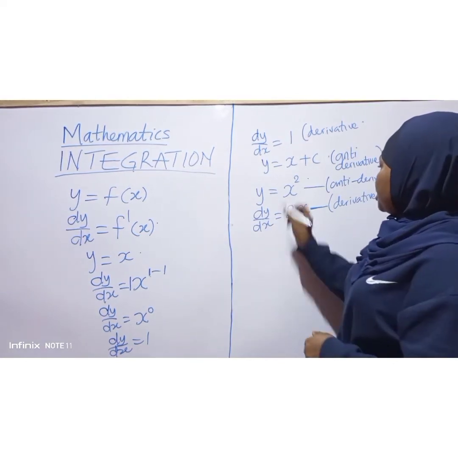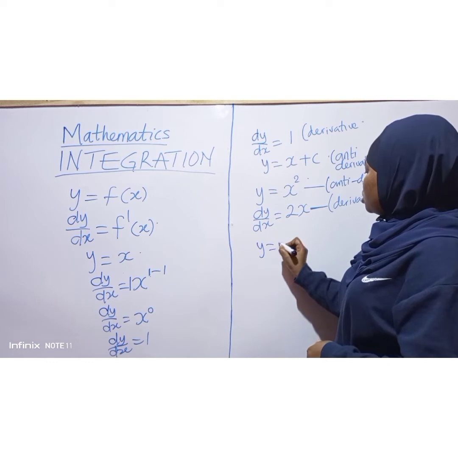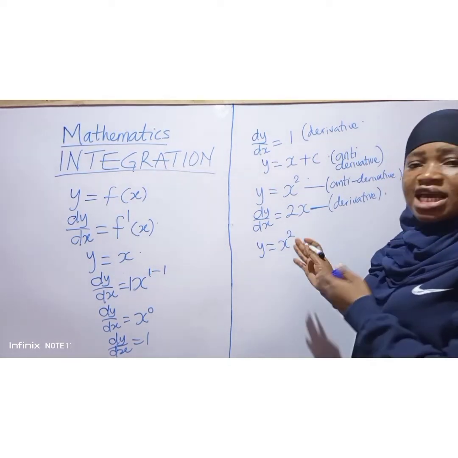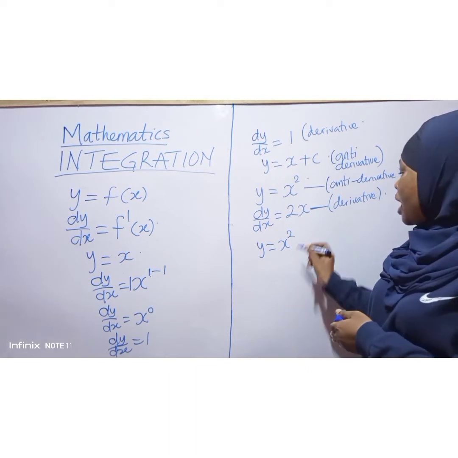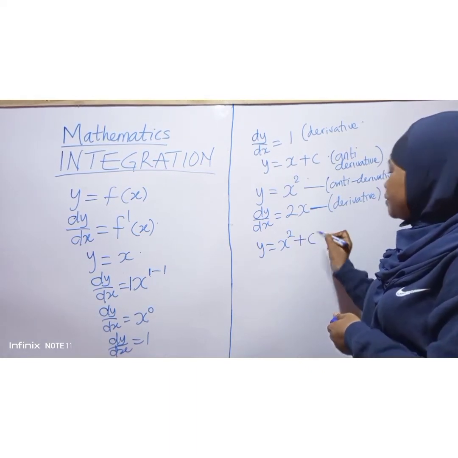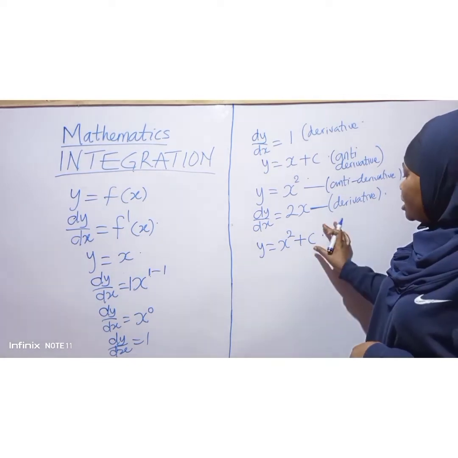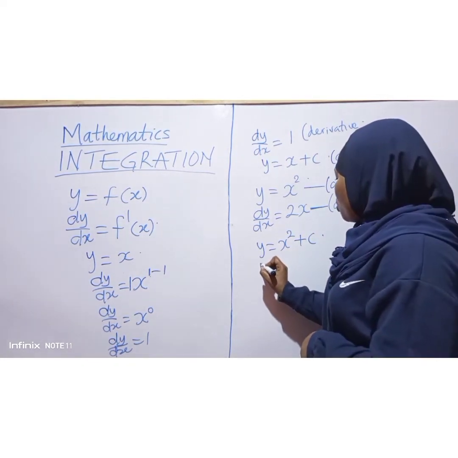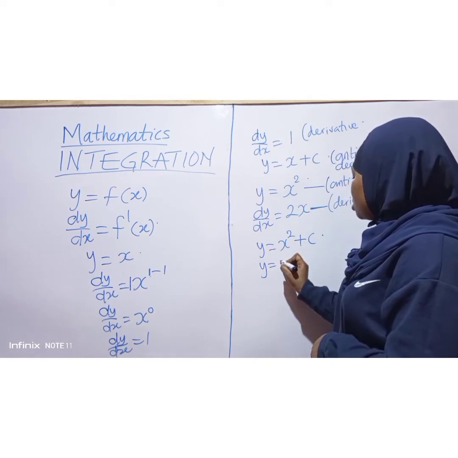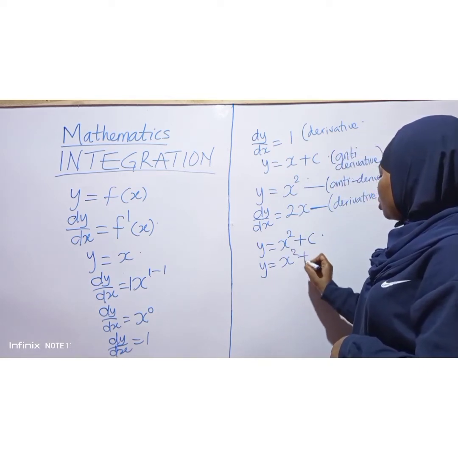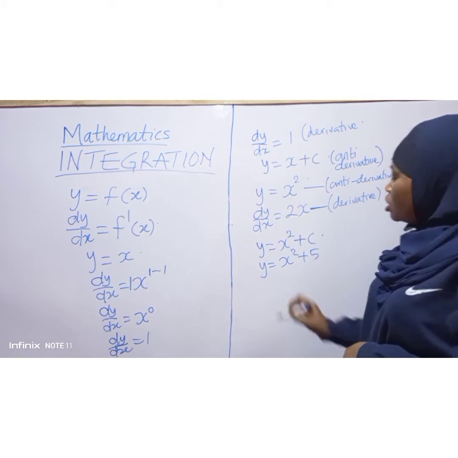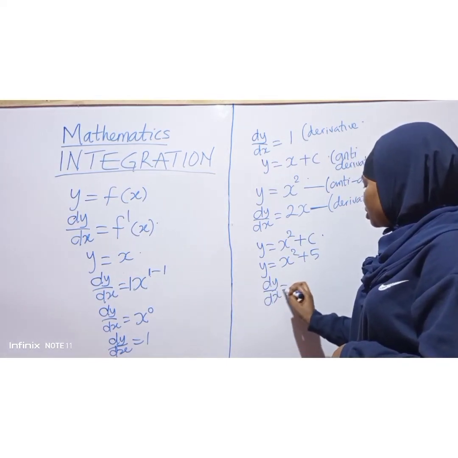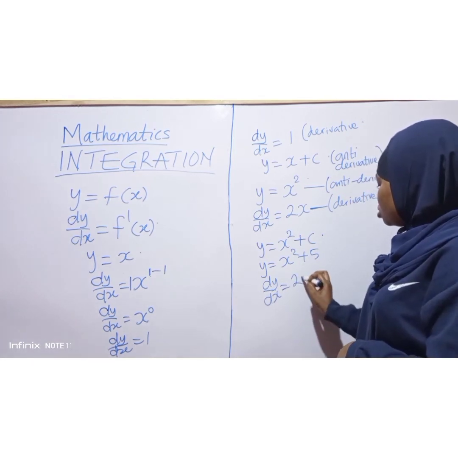So from here, I said that y is equal to x squared. If I want to write the indefinite integral, I have to put plus c there. So that is the constant. For example, if I have y equal to x squared plus 5 or anything, if I differentiate it with respect to x, I get what? 2x.